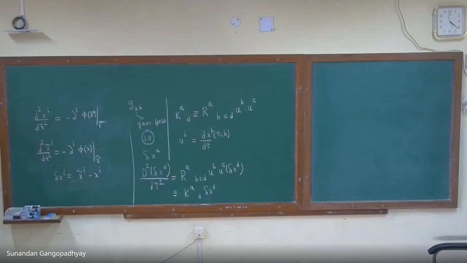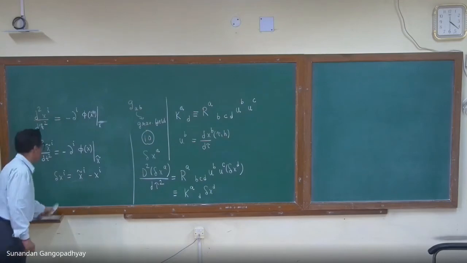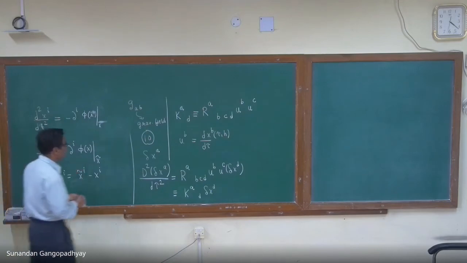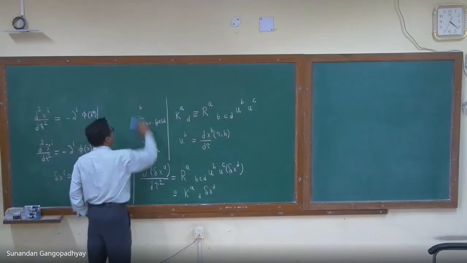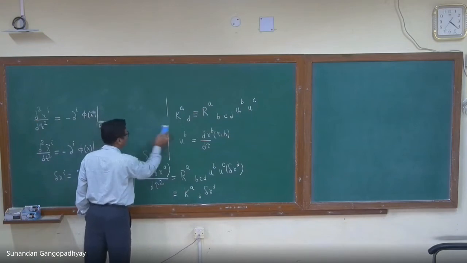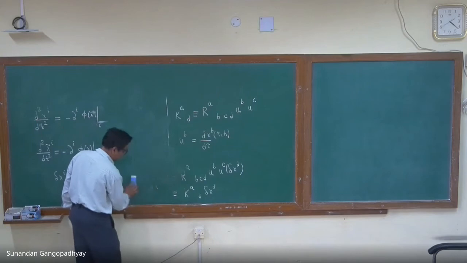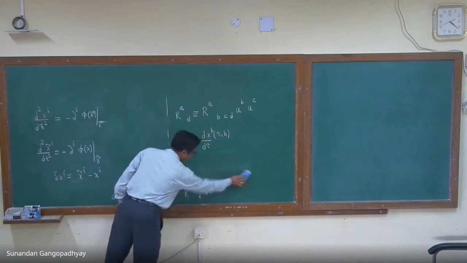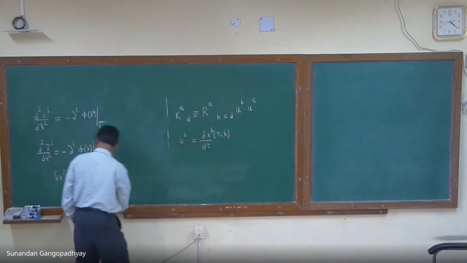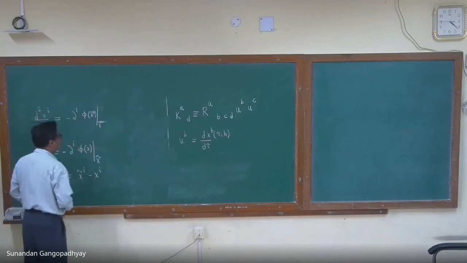So if this is fine, then what we shall do is take this term and make a Taylor expansion. So you can see that we are using the geodesic deviation equation. That is why it is the geodesic deviation equation. This equation is important.